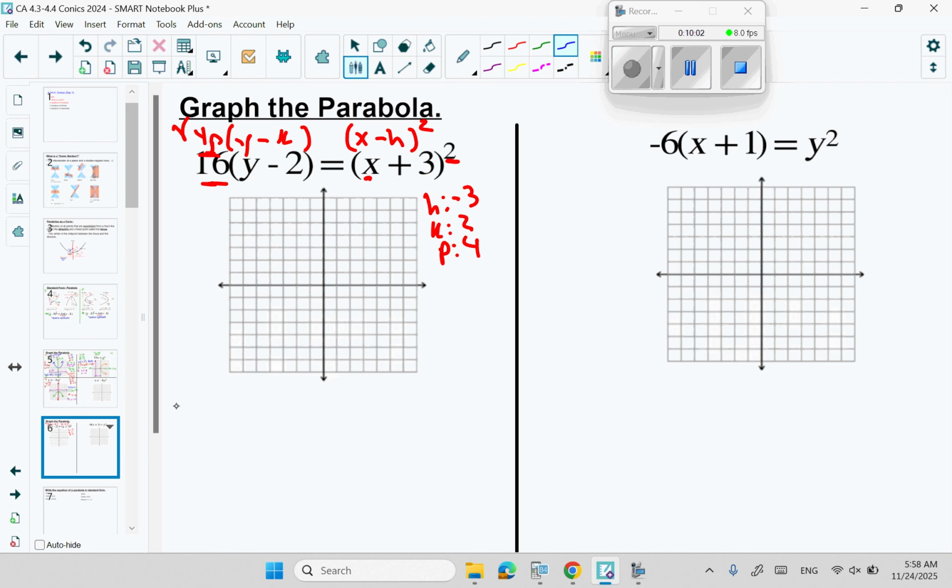So what is our vertex? Our vertex is h comma k, so negative 3, 2. Our focus is h comma k plus p, so h stays, comma k plus p, 2 plus 4 is 6.